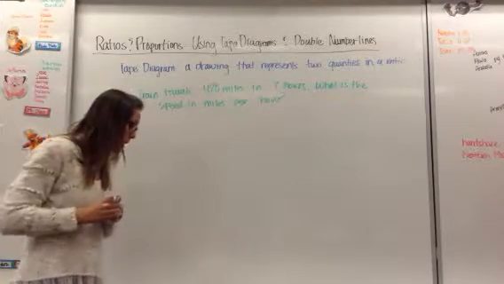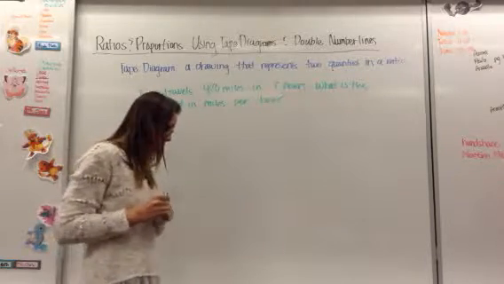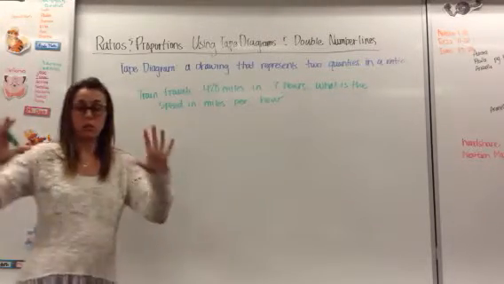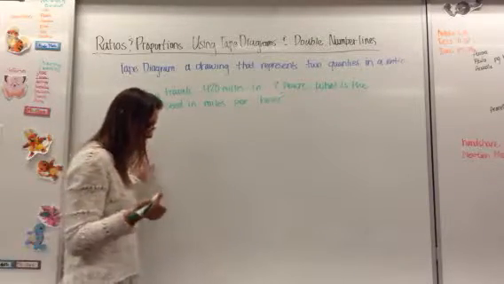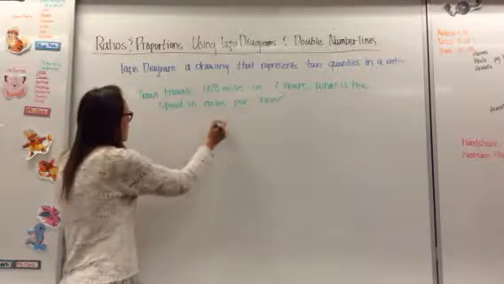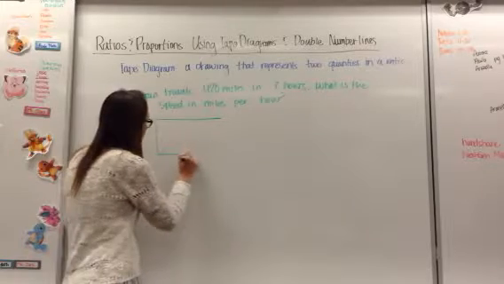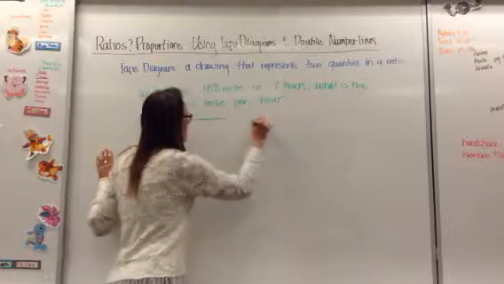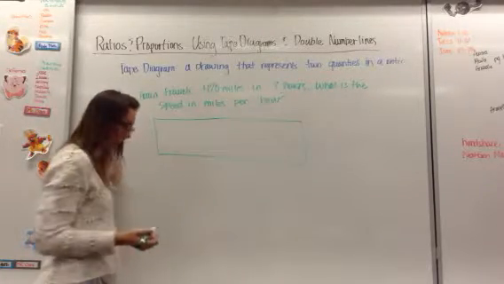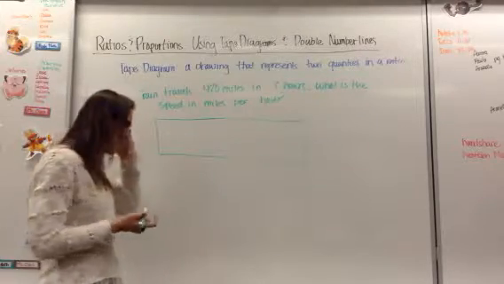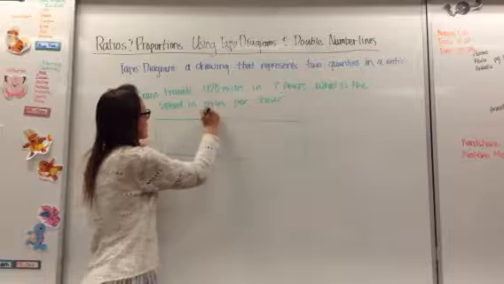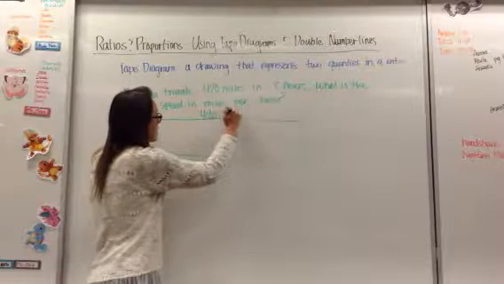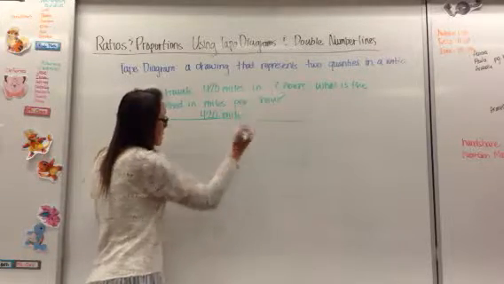Okay, so first we're going to draw the strip to represent the quantity. This is the tape diagram. It's like a strip of tape. So we have the total miles, 420 miles, up here.